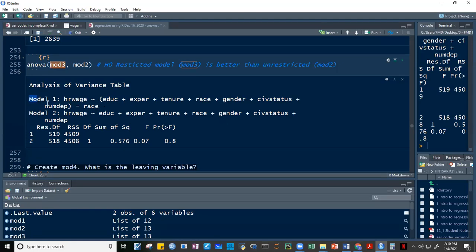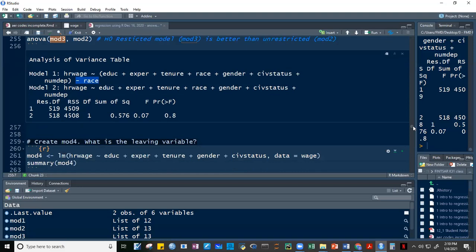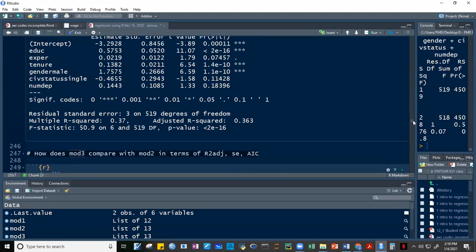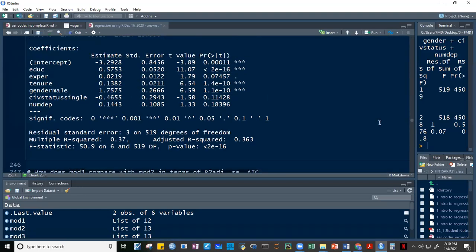Mas maganda yung restricted model. So, mas maganda si Model 3. Okay, questions guys? Clear ba yun? Okay, no questions?